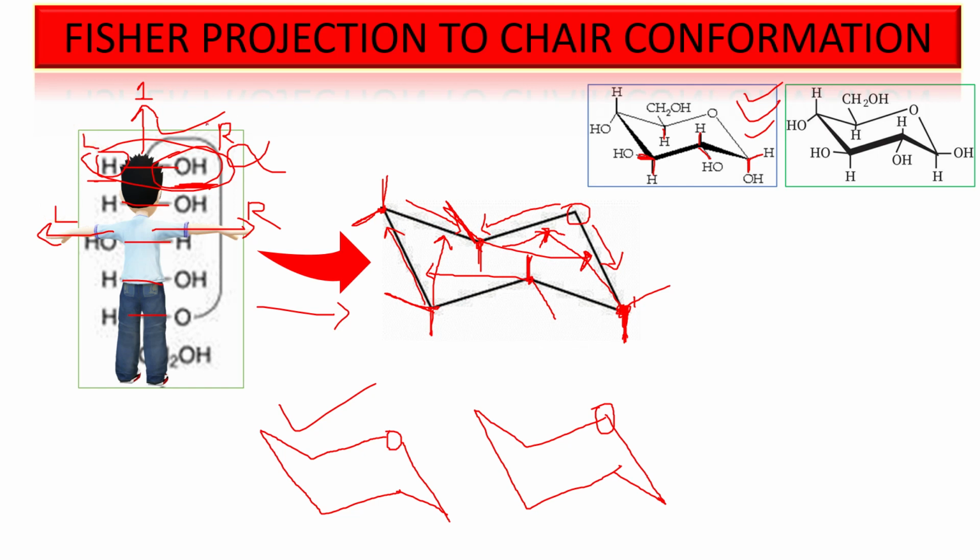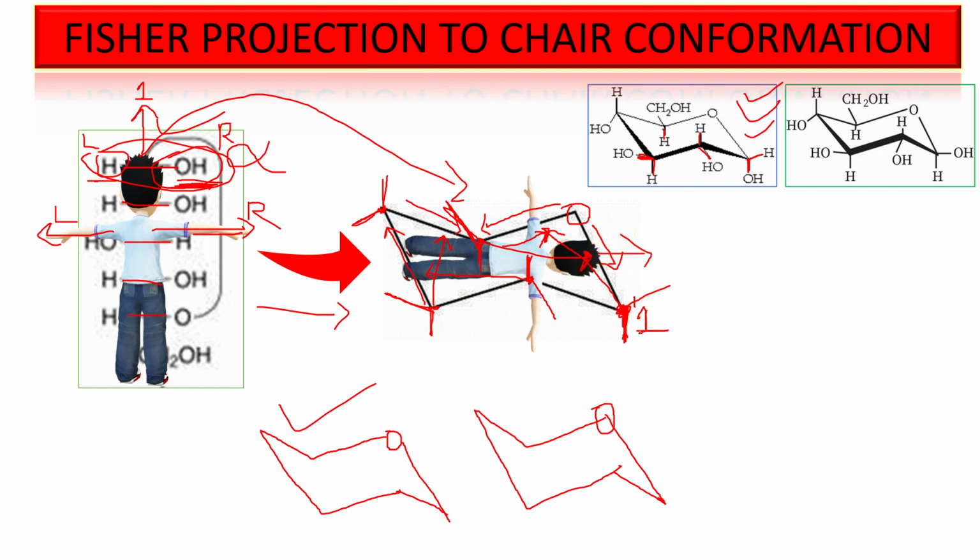So his right and the structure's right are the same. Now we place this man on this structure like this, his head following carbon 1. This will be his right hand and this will be his left hand. So the right hand is downwards, the left hand is upwards.